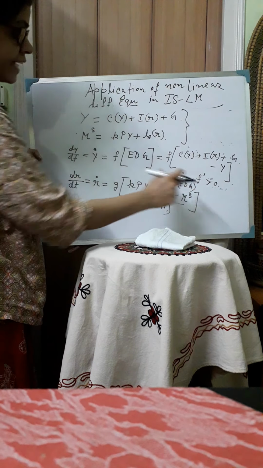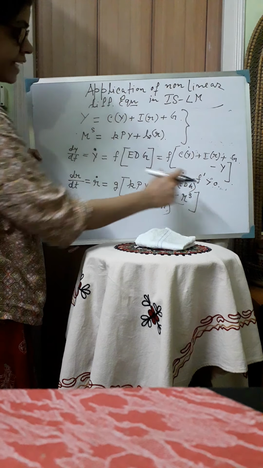So in that case, if we take the total change in R dot, then that is equal to 0, which is equal to G dash Kp dy plus L2 dash dr minus 0, because Ms is also exogenous. It is determined by the central bank. So Ms is exogenous. It is given from outside. So the change in Ms is also 0.